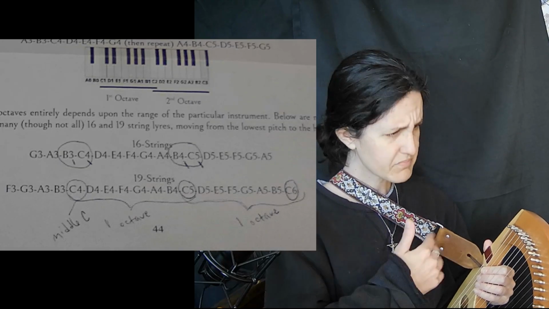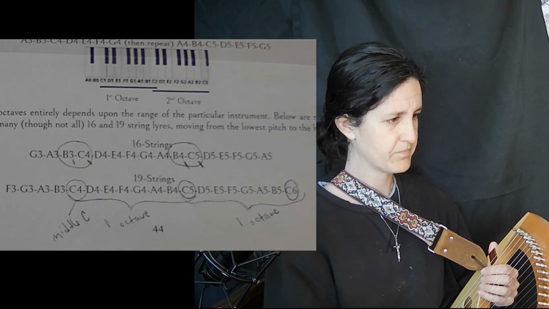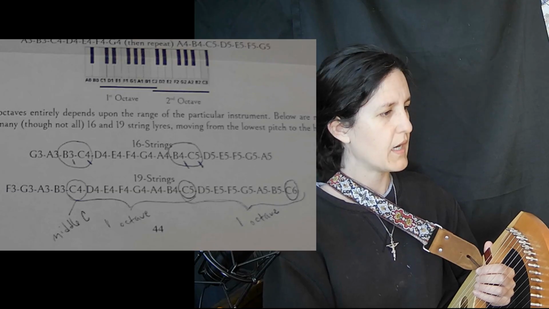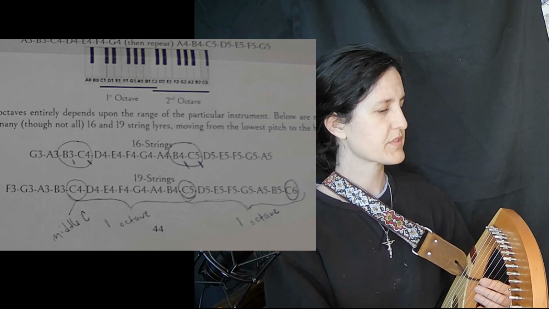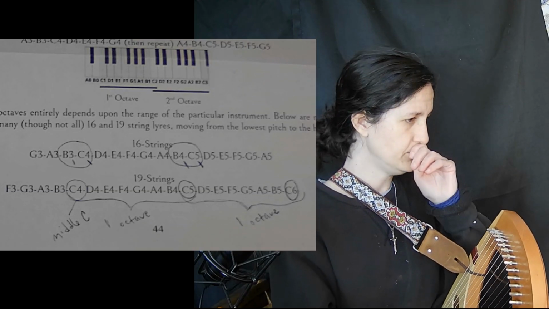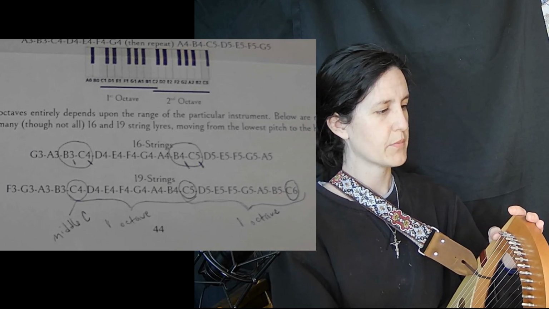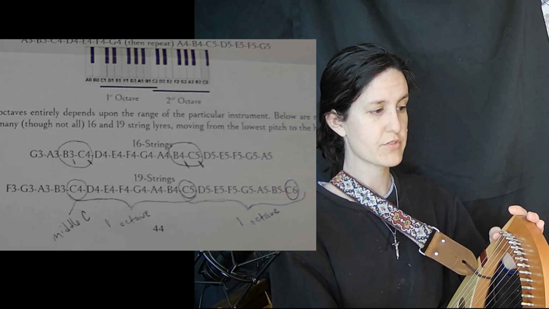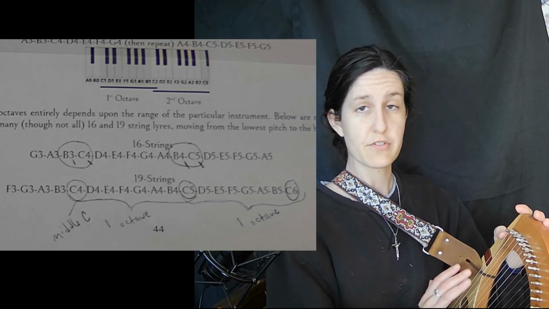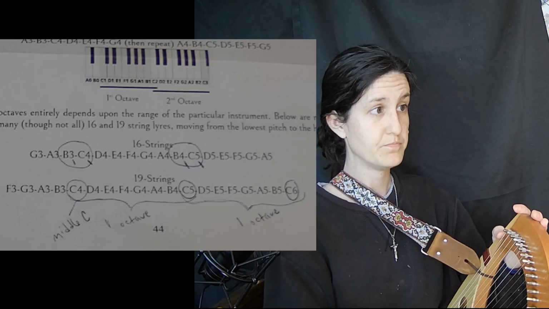Okay? And that continues all the way up. I've illustrated here below the most common string setup that is available for 16 and 19 string lyres. So take a look at that and familiarize yourself with those particular notes.